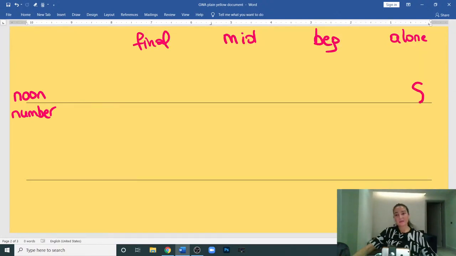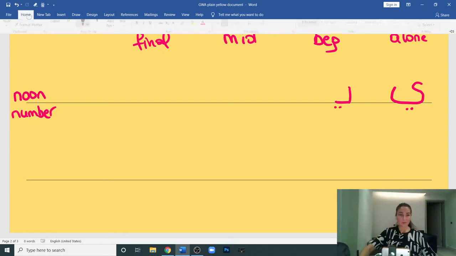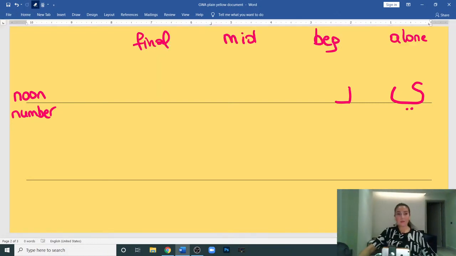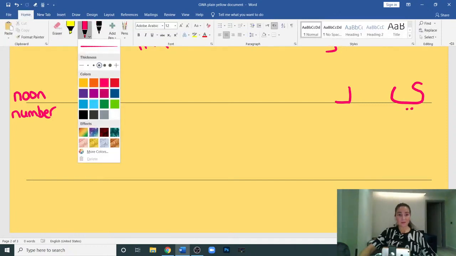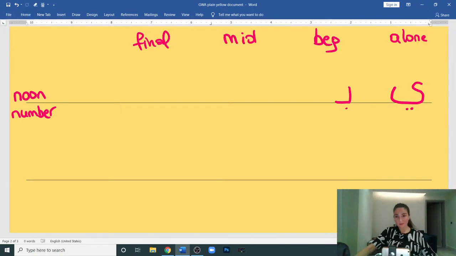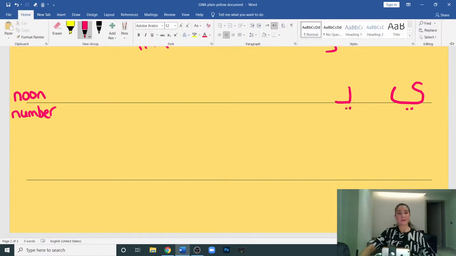So basically this is the full shape of the letter. So the dots or the dash is immediately here under it, in the middle of it, okay? Whereas when it's at the beginning of the word, I'm not putting the dots here, no, that's wrong. We have to put the dots immediately under the line of the letter, here basically. We move them here, okay? So that's the initial form.